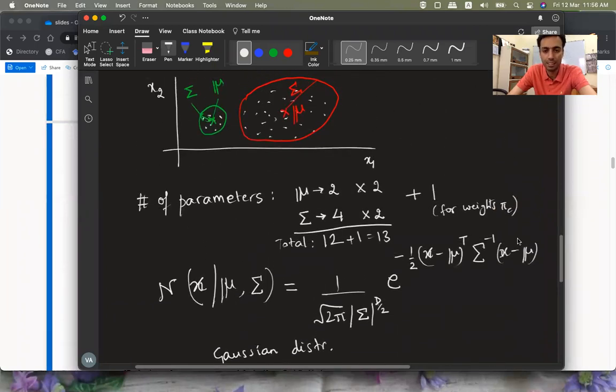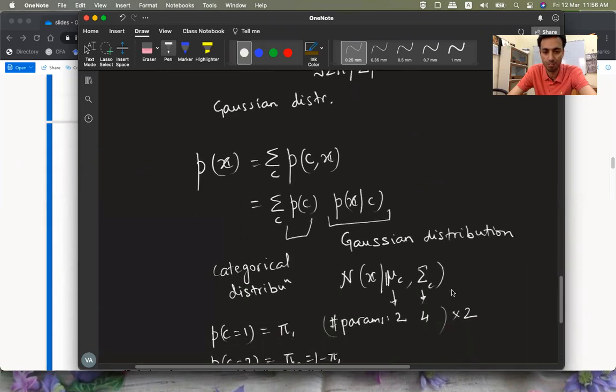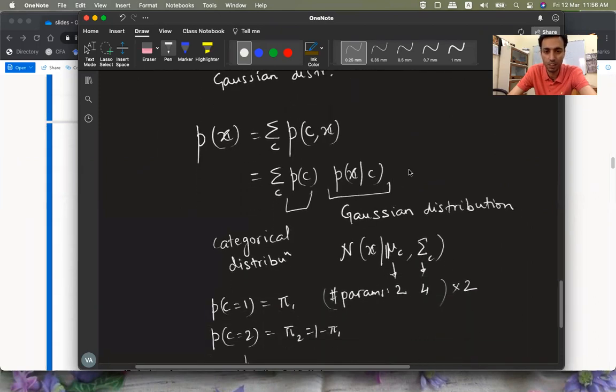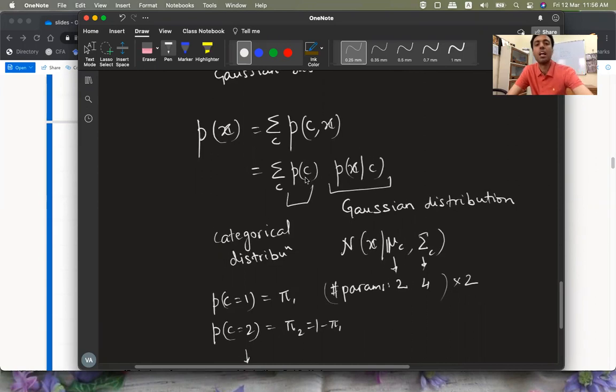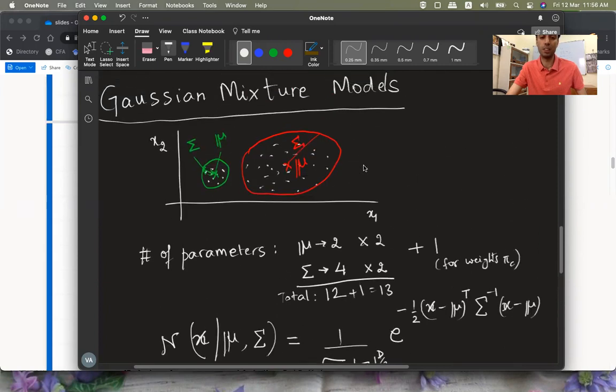Is that clear? This is a Gaussian mixture model. You first get a class with some random probability, meaning with this particular weight, and then, given that class, you get the point. So this is the idea of a Gaussian mixture model.